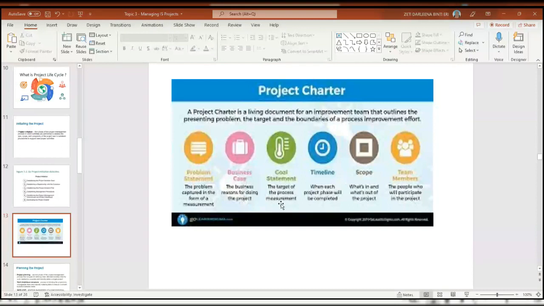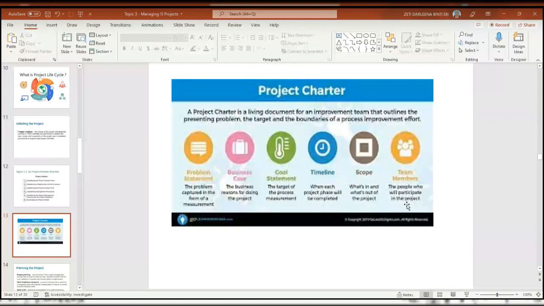Timeline, describing when each project phase will be completed. Scope, define what's in and what's out of the project. The team member, the people who will participate in the project.